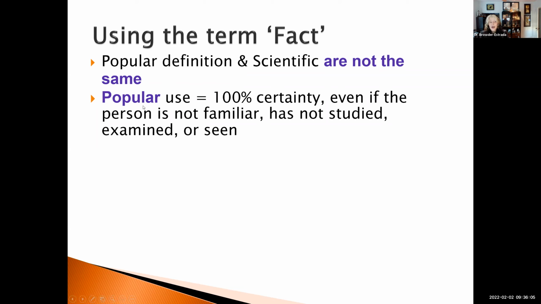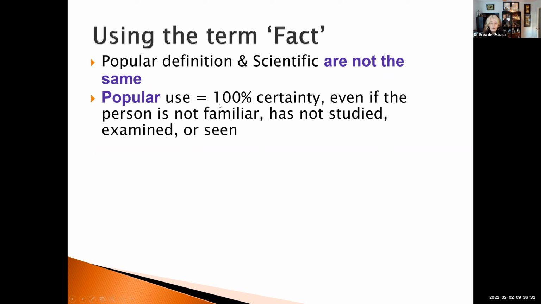When they use the word fact socially, or when they're trying to get you to purchase something, pay for something, or invest in something, they leave this term fact as being related to 100% certainty. You can trust that. You can spend your money on that. It is going to work out this particular way.